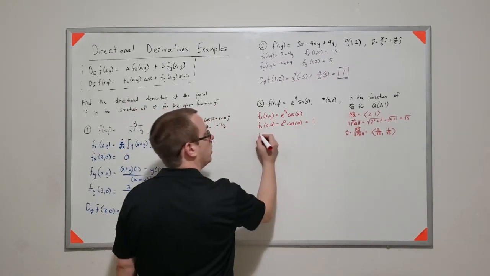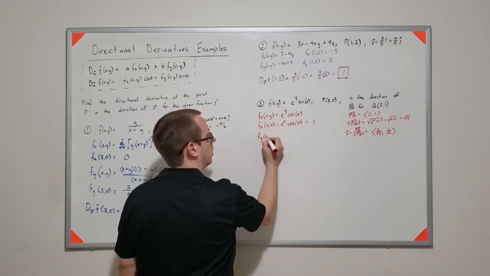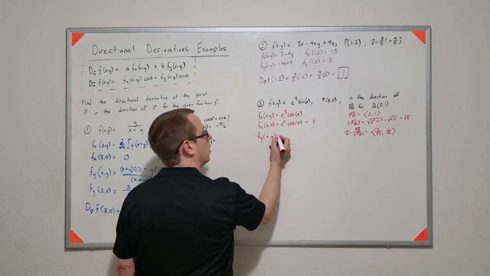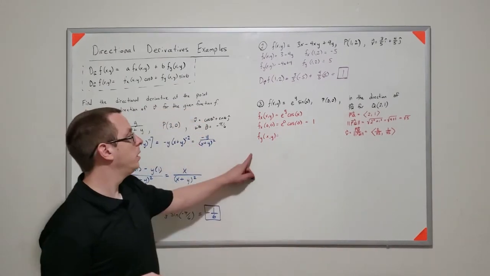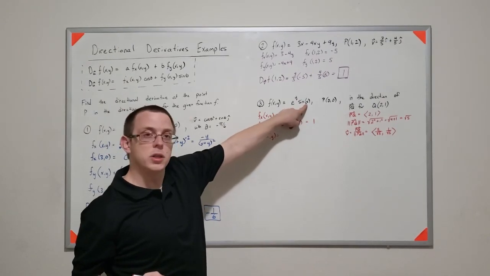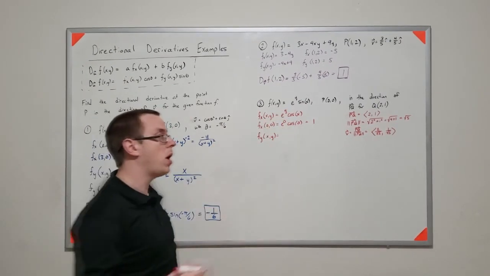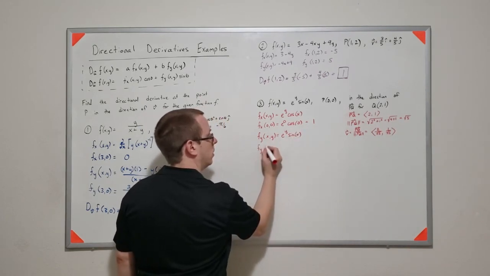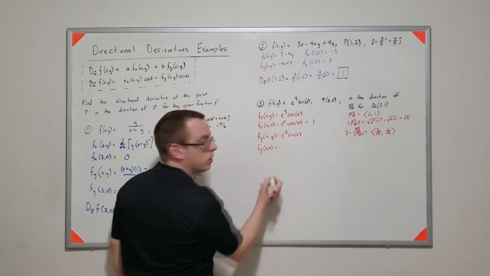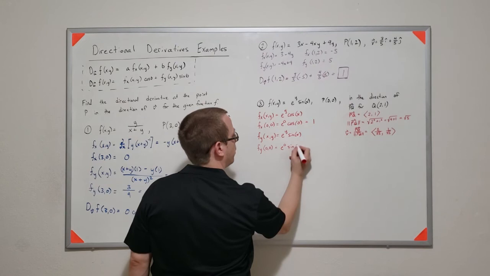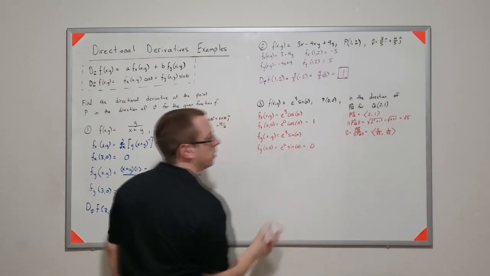So that gets me a 1. Partial with respect to y. All right, well, that's treated as a constant. Derivative of e to the y is e to the y. So the partial at the origin is e to the 0 sine of 0. Well, that's just 0.